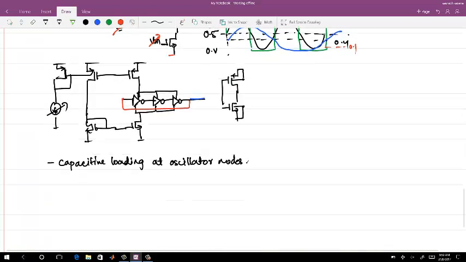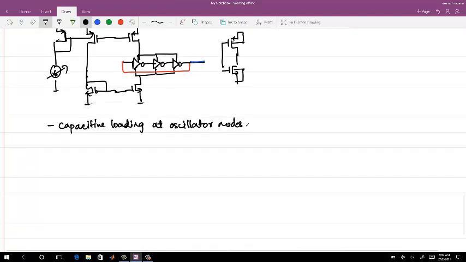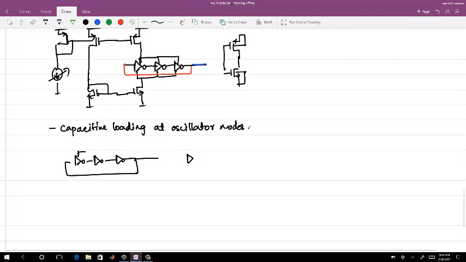Since I talked of the buffer, let me show. So you have a ring oscillator. Now I have to connect a buffer. The VDD of this oscillator, let me call it VDD VCO, is controlled, and I want to convert this oscillator output to full swing.